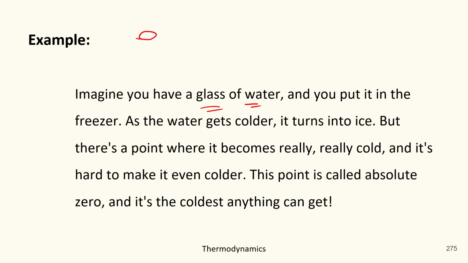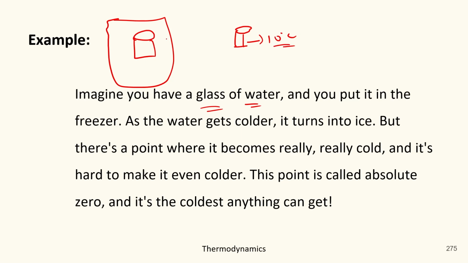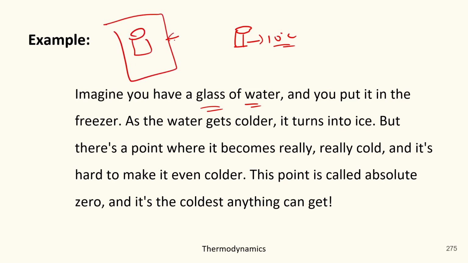So suppose the glass of water which you put into the freezer has a temperature of 10 degrees Celsius, whereas the freezer has a temperature of, say, 0 degrees Celsius, basically as per the example.